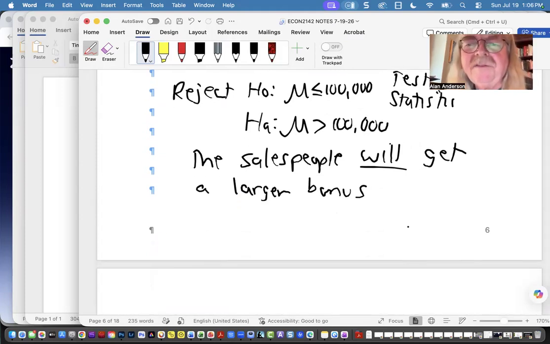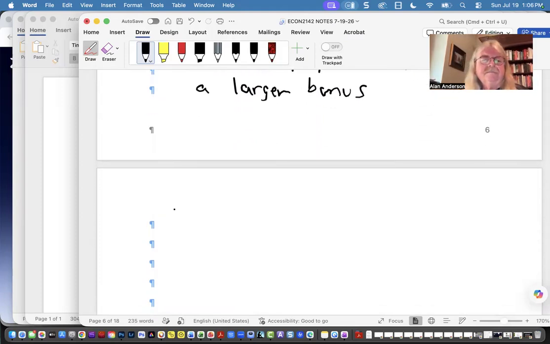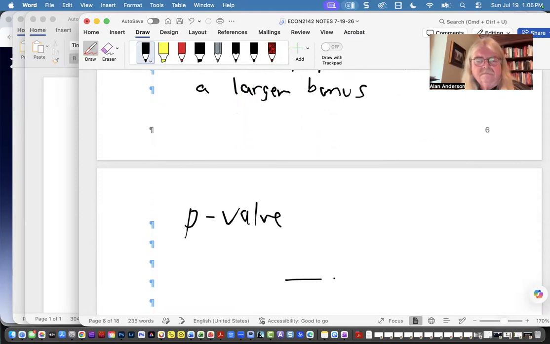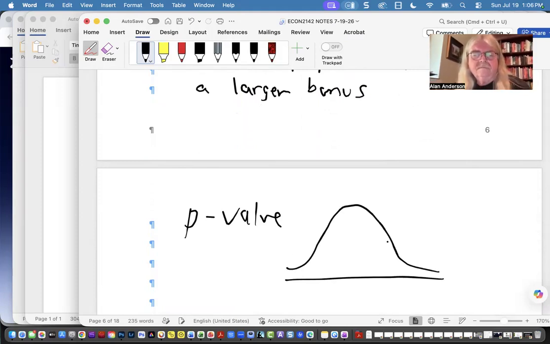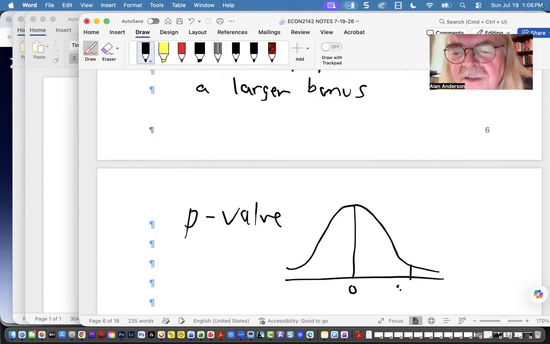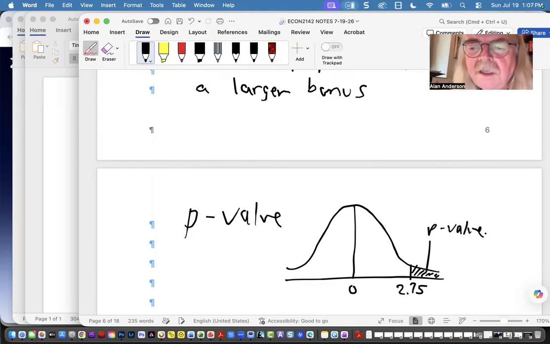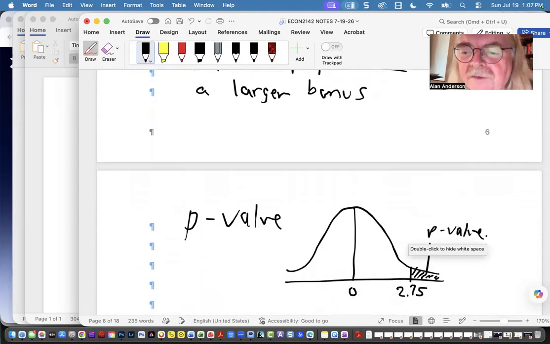All right. And then what about the p-value? So anything greater than that test statistic will represent our p-value, which we then, of course, compare to alpha.